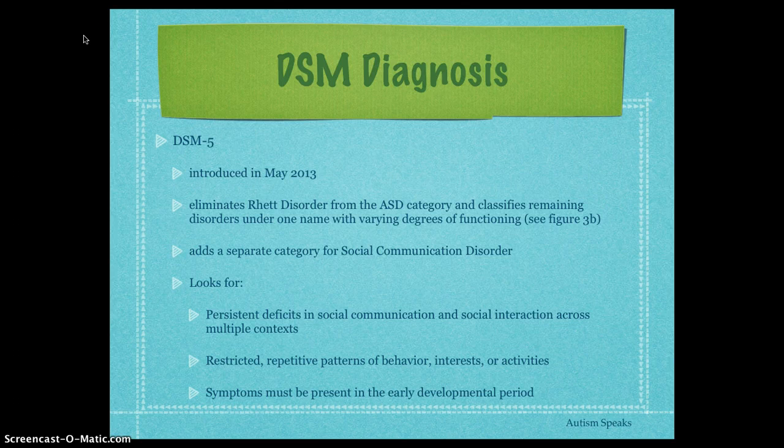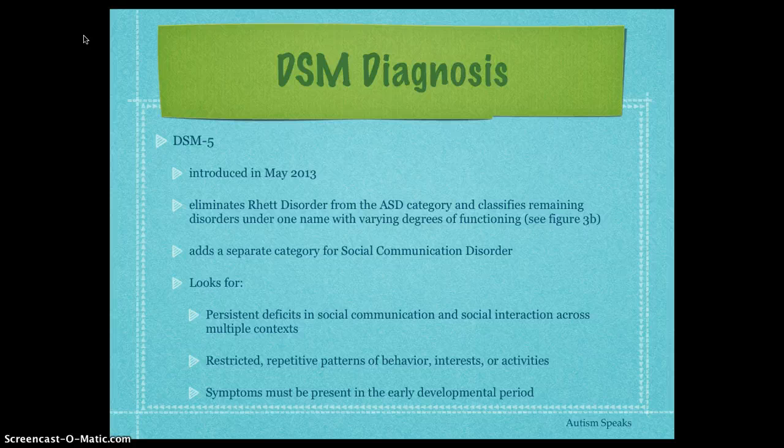And like I said, it was introduced in May of 2013. And it did come along with some changes, some that were quite controversial. Others not so much, but it eliminated Rett disorder from the ASD category and classifies the remaining disorders under one name in varying degrees of functioning.